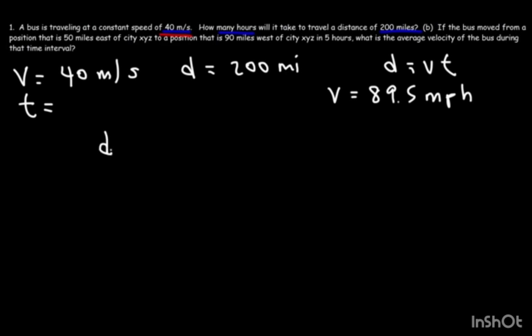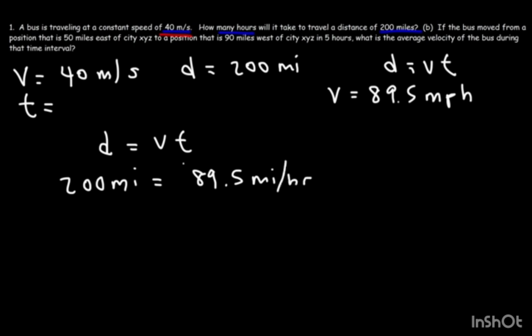So let's use the formula d is equal to vt. In this case, d is going to represent the distance, which is 200 miles. V is going to be the speed, which is 89.5 miles per hour. And then now we can calculate t.